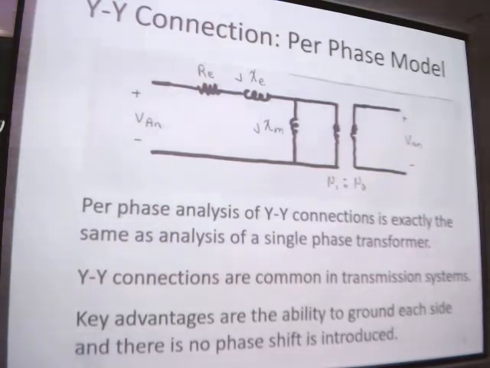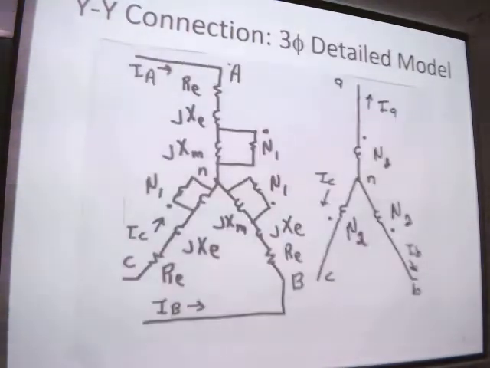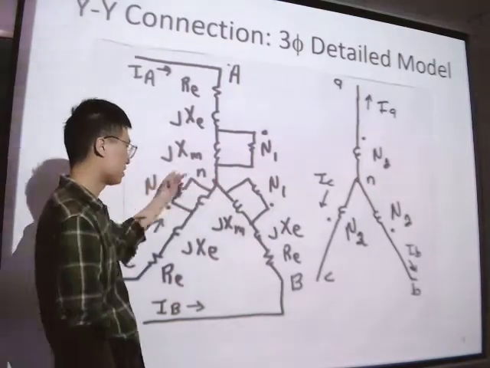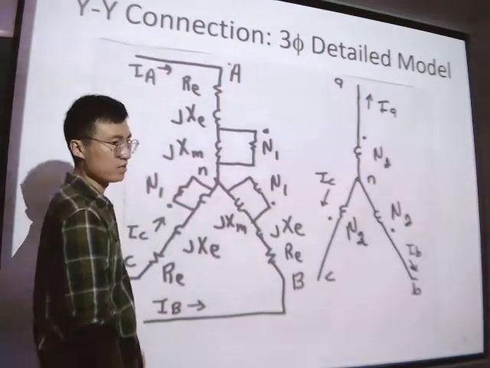So for Y connections, because this Y to Y connection is the simplest connection that will be commonly used in our real world. And the advantage is that the Y connection has a neutral point, so each side's neutral point can be directly grounded.